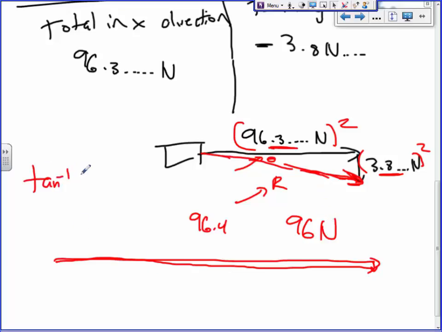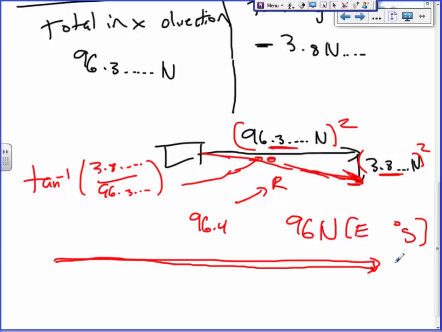If you do tan inverse of the opposite over the adjacent, that should give you this angle sitting right there. I can even write out most of it. I know that you're going mostly east, and you're going a little bit to the south. The question is just how much to the south you are actually getting pulled. It's probably like 1 or 2 degrees. 2.3? That makes sense?